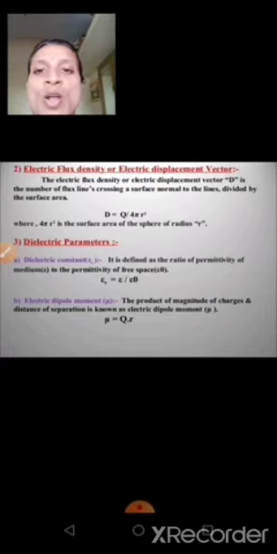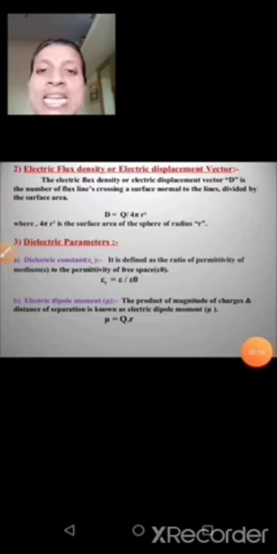Susceptibility is how much the material gets polarized when we place it inside the electric field. Permittivity relates the material's ability to transmit the field. Here we see the two relations: epsilon is equal to epsilon r into epsilon naught, where epsilon r is the relative permittivity, and epsilon r is equal to 1 plus chi, the susceptibility.